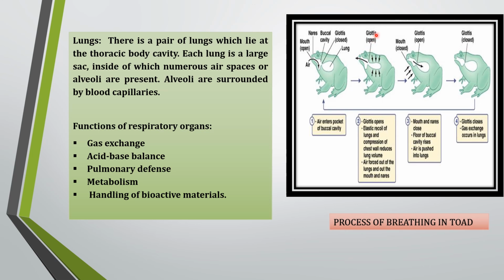The second one, in the second step, glottis opened. So elastic recoil of lungs and compression of chest wall reduces lung volume. And the second one, air forced out of the lungs and out the mouth and nares.